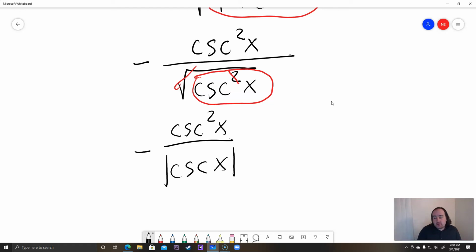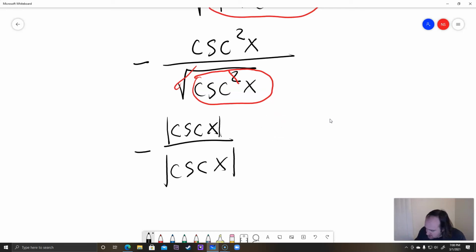And so in the numerator, here's the even weirder part. In the numerator where we have cosecant squared of x, that's the same as cosecant of x times cosecant of x. Right? That's cosecant squared of x. But because, once again, the square makes it positive, you can actually write it as absolute value of cosecant of x times absolute value of cosecant of x.